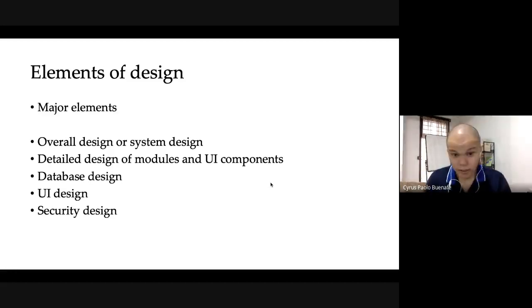Well, there are many, and there are many ways of defining it. One is the overall system design or the overall design. Another major element is the detailed design of the modules and the user interface components. So you have the overall system, and then you have the individual parts in greater detail.